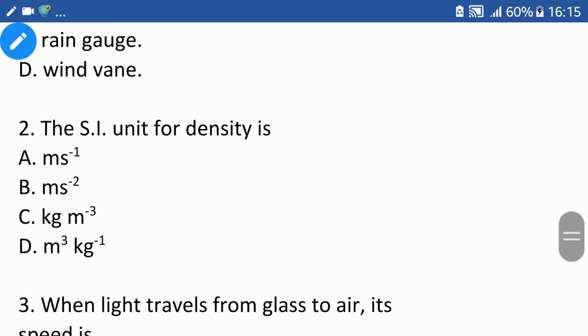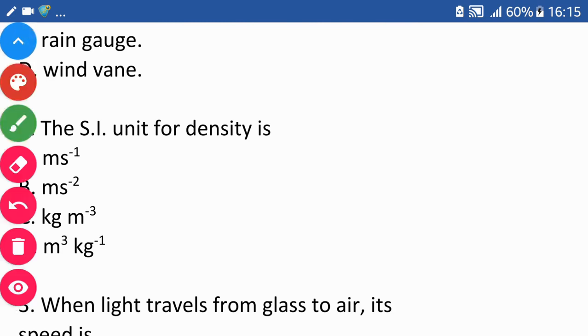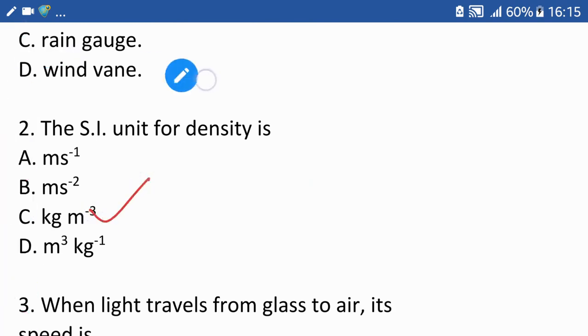The second question, the SI unit for density is kilogram per meter cube.